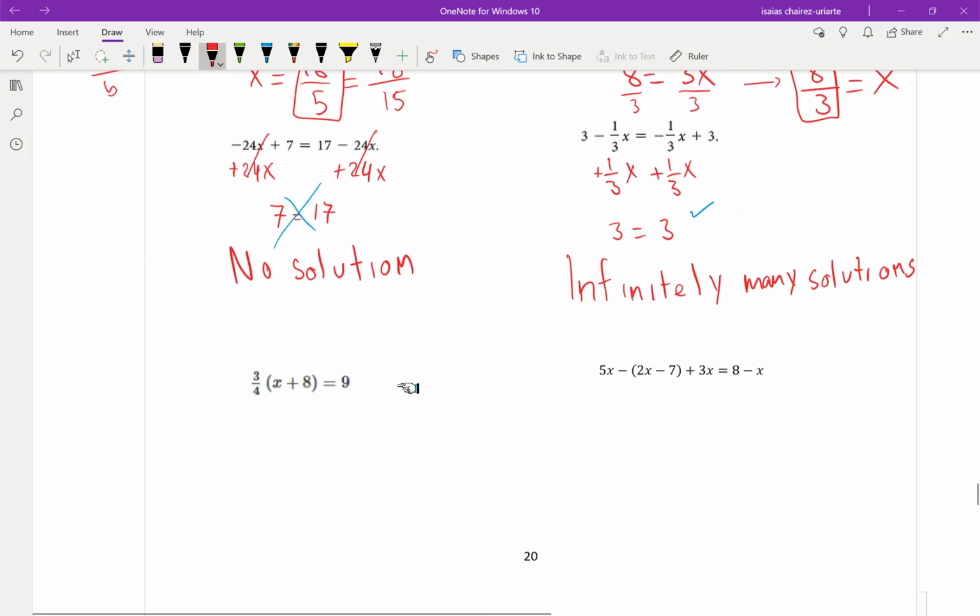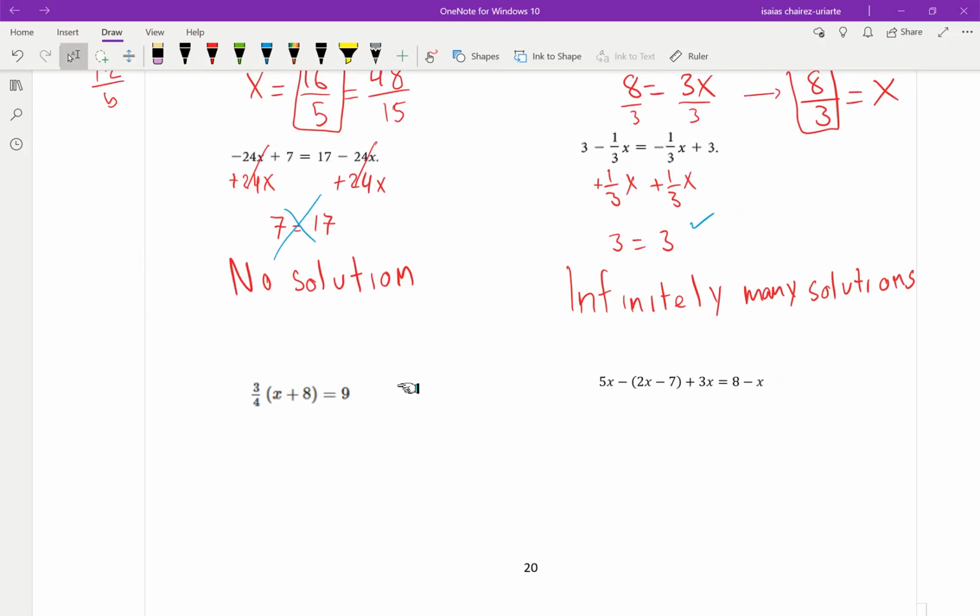Let's try the 5th one. Okay, so for the 5th one, I'm going to begin by distributing 3/4. So 3/4 times x and 3/4 times 8. Okay, so that becomes 3/4 x. And now, what's 3/4 times 8? You do not need a common denominator to multiply fractions.